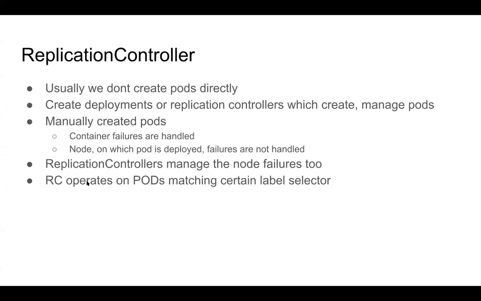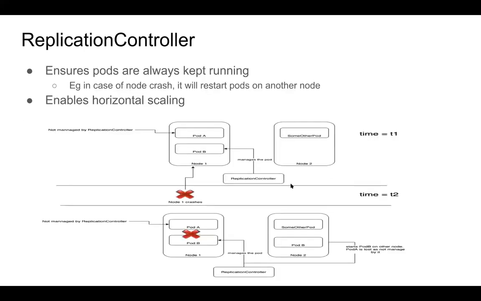Now the way replication controller works is it operates on pods matching a certain label selector, and we will see that. So how does this replication controller manage the pod? Let's say on node 1, you have pod A and pod B. Pod B is managed by replication controller. Pod A is not. And then you have some other node which has another pod running.